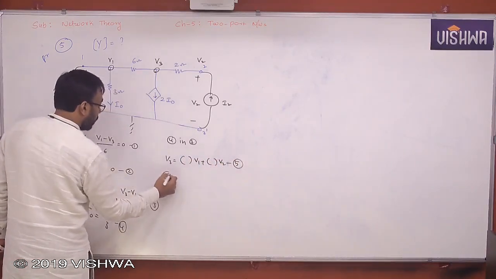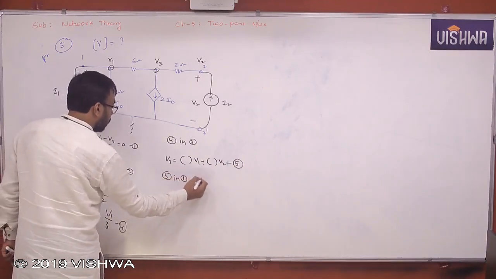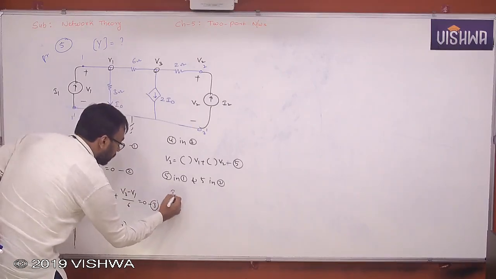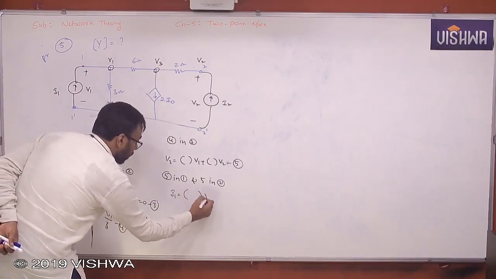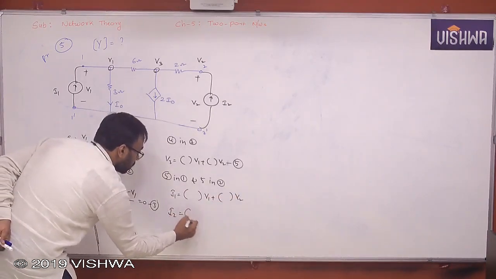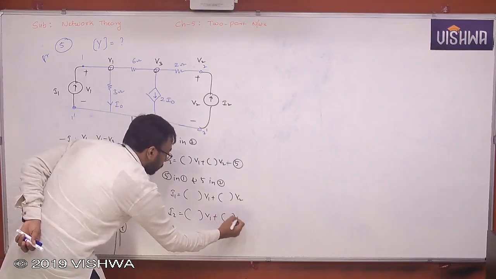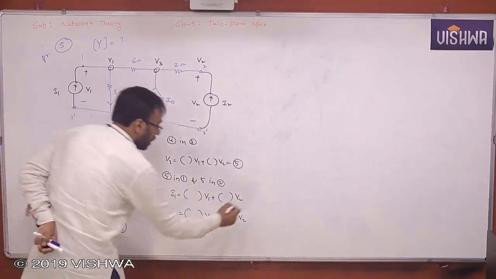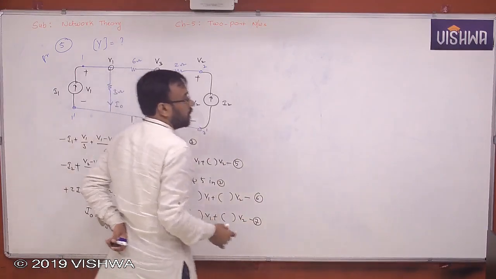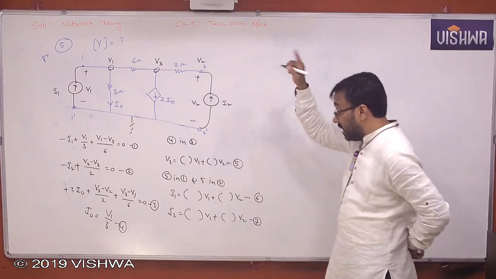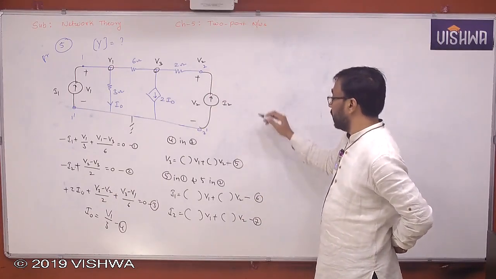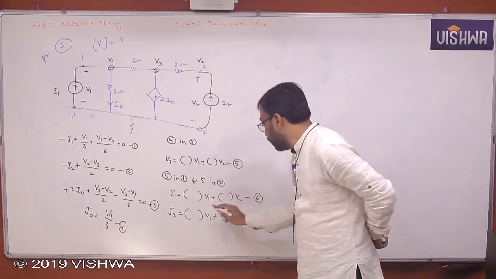Now 5 in 1 and 5 in 2, then you will get I1 is equal to something into V1 plus something into V2, and I2 is equal to something into V1 plus something into V2. So you compare, this is 6th equation, this is 7th equation. Then you compare with the standard equations of the Y parameters. Then you will get Y11, Y12, Y21, Y22.